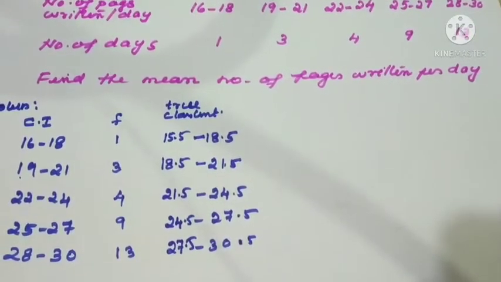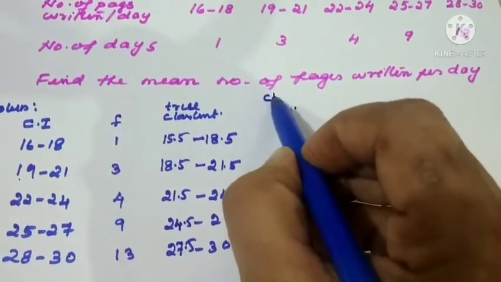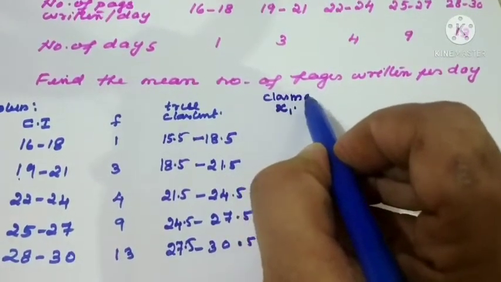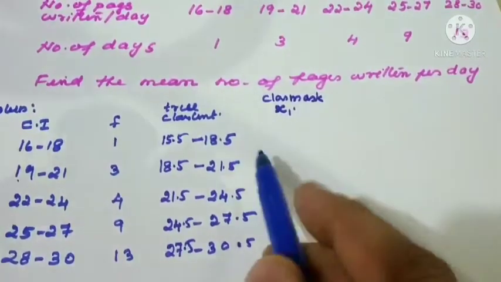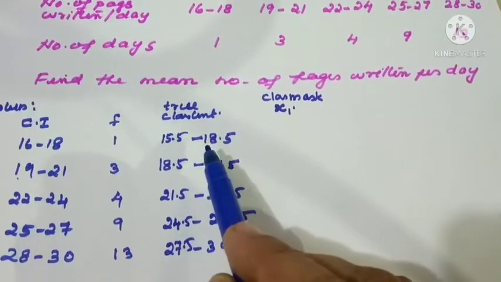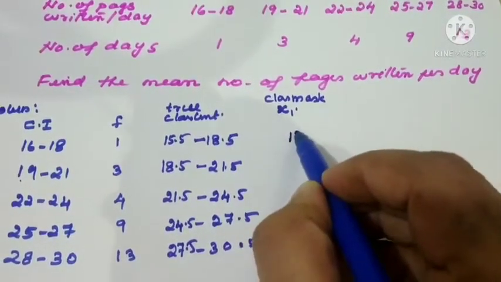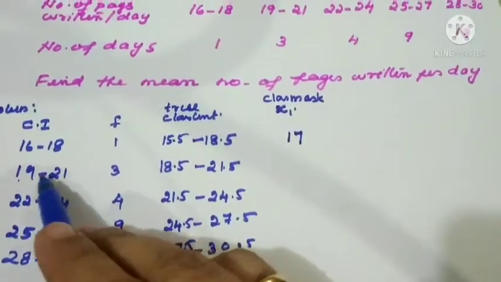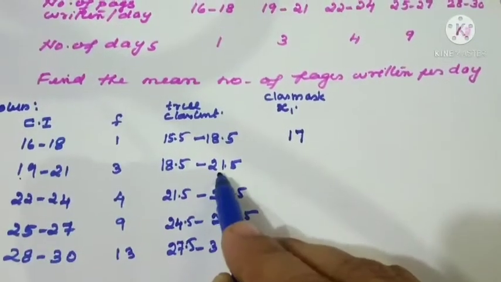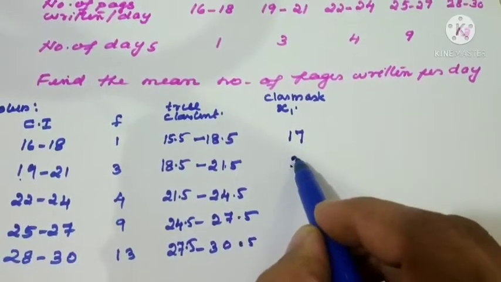Now what is the mid value, xi, or we can write class mark. So 15.5 plus 18.5, the sum is 34, divided by 2. It is 17. Similarly, 40 is the sum here, divided by 2, it is 20.